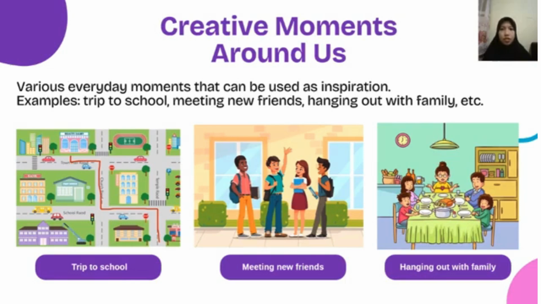The first picture shows the theme of a trip to school. The second picture shows the theme of meeting new friends. Then the third picture shows the theme of hanging out with family. And there are many more moments or events around us that can be used as a reference for creative writing.